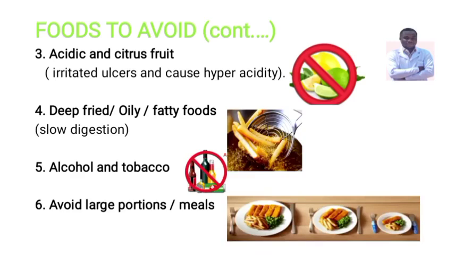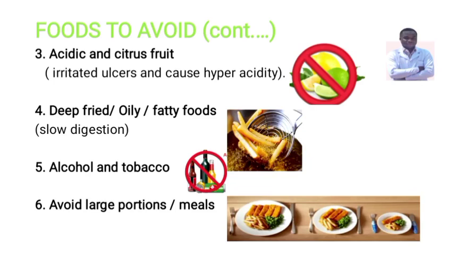Acidic and citrus fruit irritate an ulcer for some individuals and cause hyperacidity. For some individuals it increases acid production. Therefore, patients having PUD have to avoid acidic and citrus fruit.